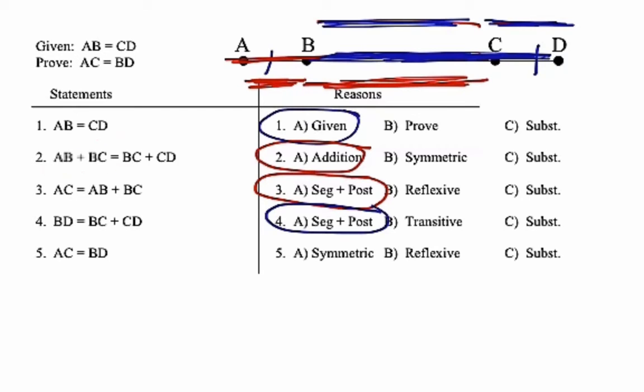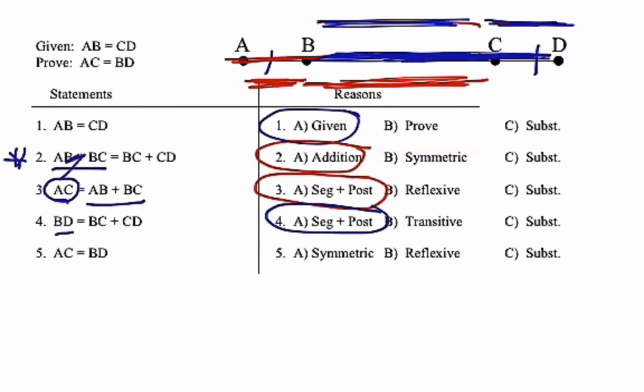Let's go back into our statements and look and see what's happening. We're actually replacing something that's all the way back in statement number 2 with things that we wrote down in statement number 3 and number 4. This AB plus BC was equal to AC.